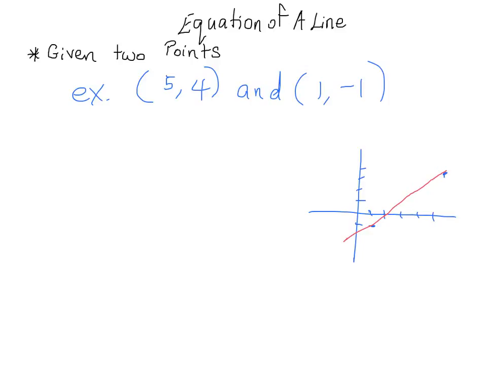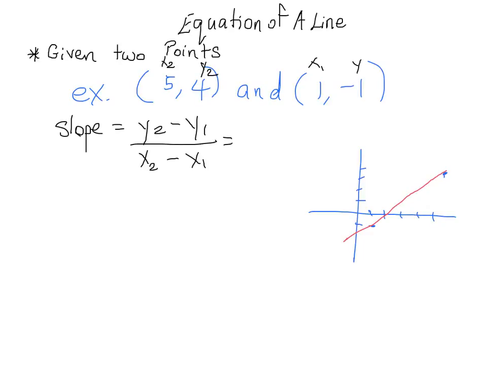First, we need to figure out the slope. The slope equation, you may recall, is (y2 - y1) over (x2 - x1). So let's call this x2, y2, and x1, y1.